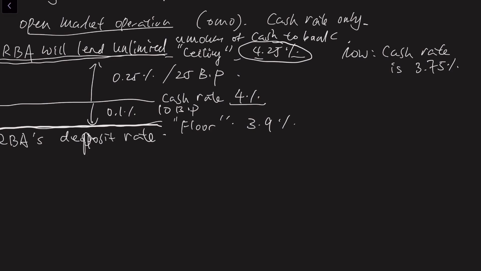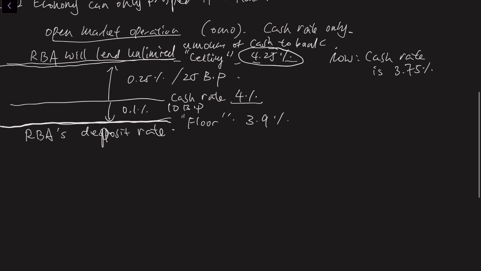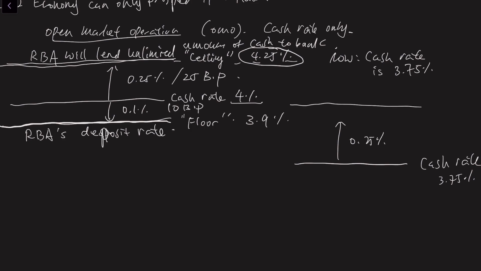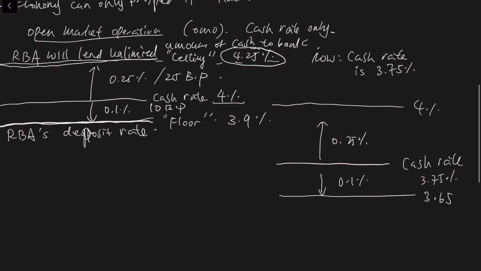And now the cash rate is at 3.75%. So this is the new cash rate. So the ceiling, when you go up 0.25%, is 4%. The floor, go down 0.1%, is 3.65%.